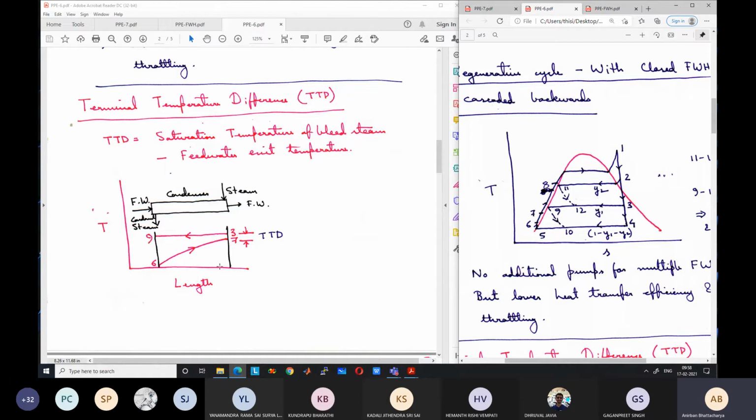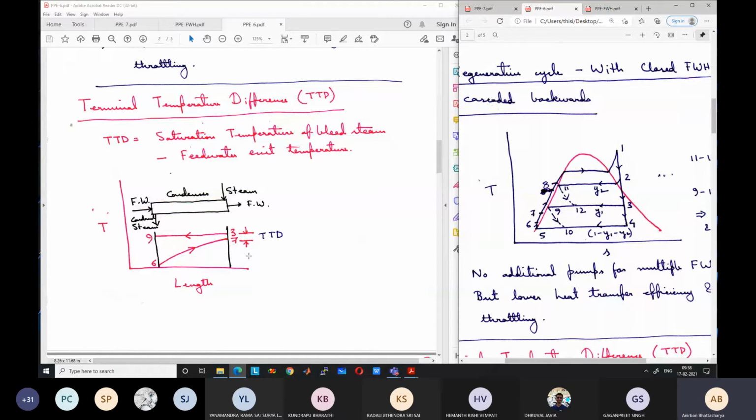Answers? Length will be large. The surface area of heat exchange will be large, because the temperature difference is very small, you need a very large surface area for the heat exchange to occur, and it will become very costly. So an optimum value is around 3 to 5 degrees centigrade.